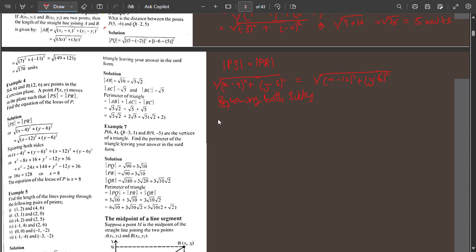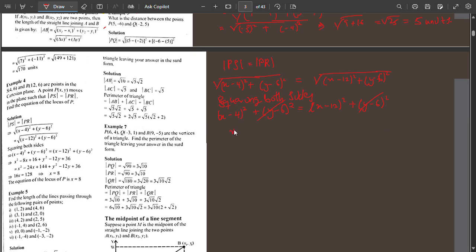So we square both sides to get rid of the square root. So we now have this. Perfect. We have the same thing here, then here. So we can get rid of that one too.